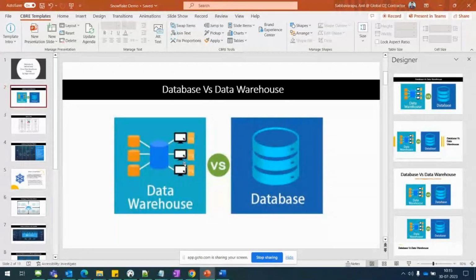Whereas coming to the data warehouse: after the problem of data being stored in physical form was replaced with a database, and data became accessible from any place and stored in a much more secure way, other needs came up. How can I draw some results out of the data that I am storing?